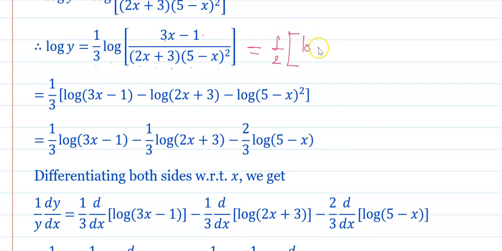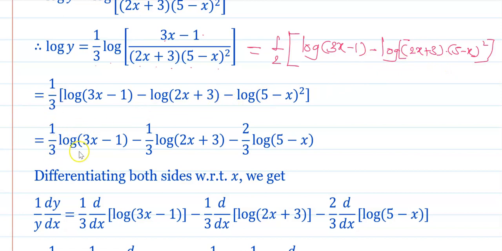Okay, log of (3x - 1) minus log of the product of these two. Okay, (2x + 3) bracket complete into (5 - x) square. Okay, when the log of this is taken, there will be an addition sign between the two. If the bracket is opened, both will get a minus sign here.